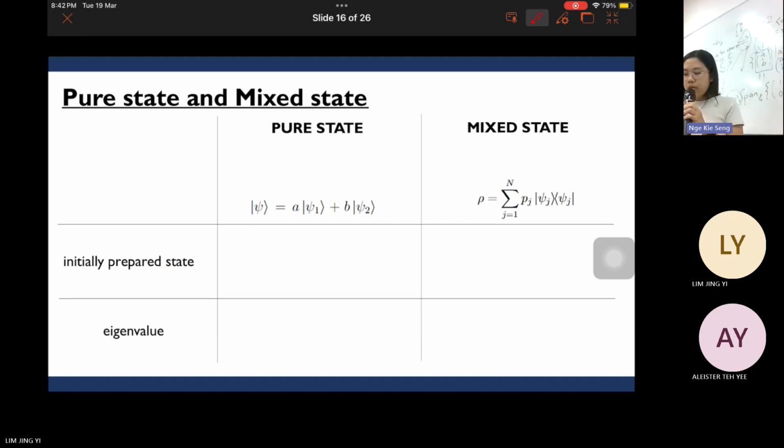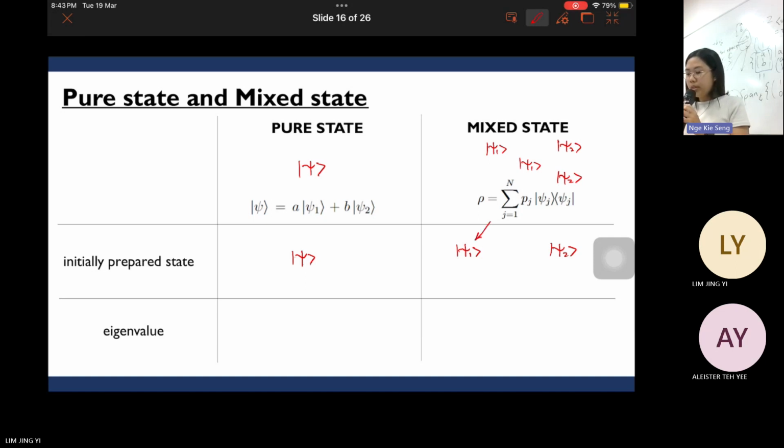So here I summarized the comparison as follows. For the pure state, you only prepare one initial pure state. For the mixed state, you prepare a few states, say psi1, psi2. When you perform the measurement on the pure state, you only perform it on one state. But for the mixed state, you are performing the measurement on psi1 and psi2. Can you determine which state you are performing the measurement on for the mixed state? Yes, you can.